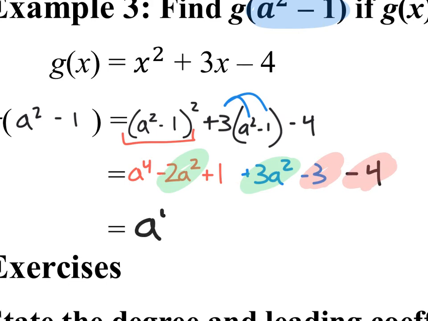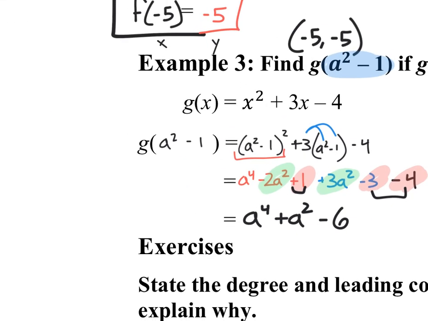We get a to the 4th plus a squared. Almost forgot this one here. And then when I add all the constants up, which is -7 plus the 1, we get that.